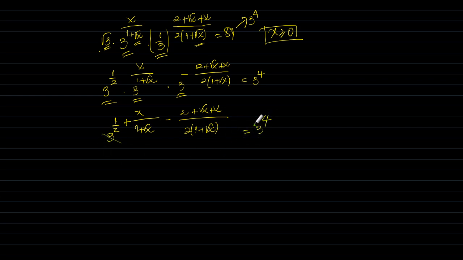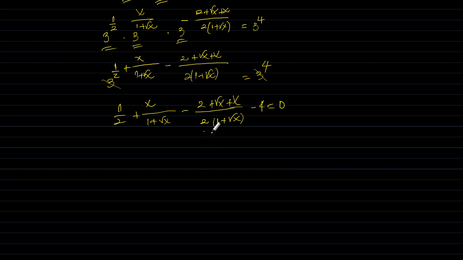Since the bases are the same, the exponents must be equal, so this would be equal to 4. I bring the 4 to this side and this is going to be 0, right?